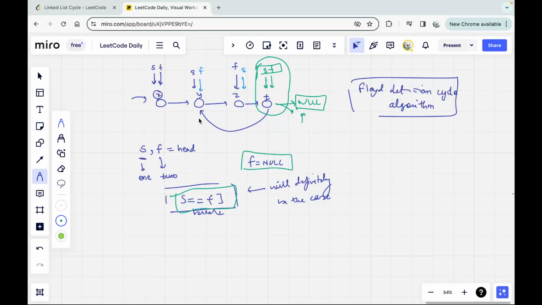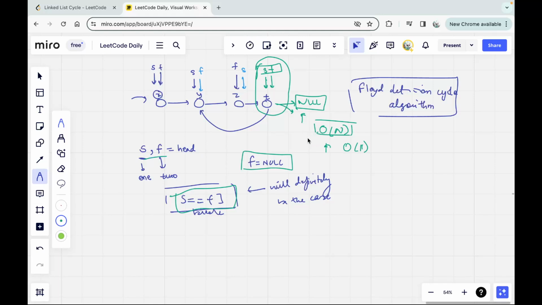We might think that it seems a valid approach, but wouldn't the time complexity be huge? But the answer is the time complexity is only O(n) in this case. Why is it only O(n)? And the space complexity will definitely be O(1) because we are only using 2 pointers and nothing else.